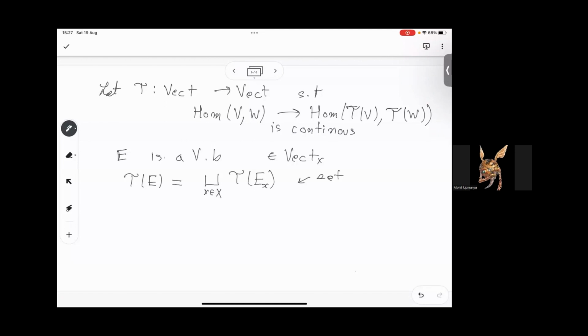So now what we are left to do is to define a topology on it, which is nice. Now, something to expect at least would be that if I start with something trivial, I should get something trivial. So, case one, if E is trivial. So now the aim is to give a topology.